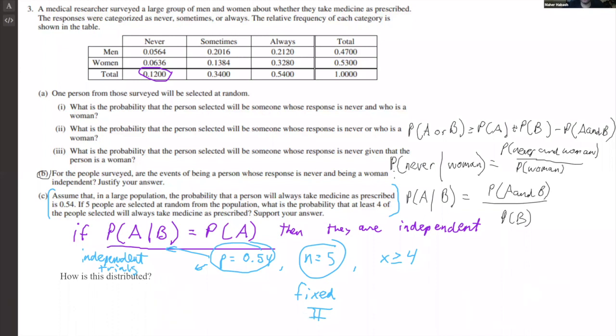We have a fixed number of trials. The probability of success remains the same for all trials. And there's only 2 outcomes, success or failure. Either they always take it or they don't.